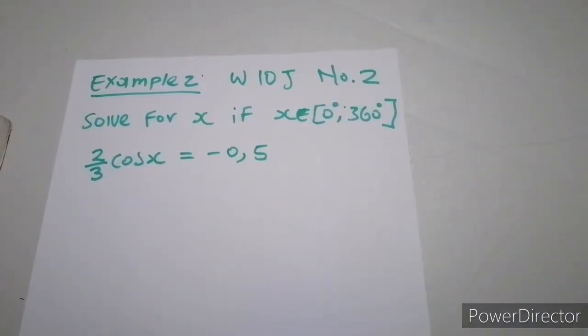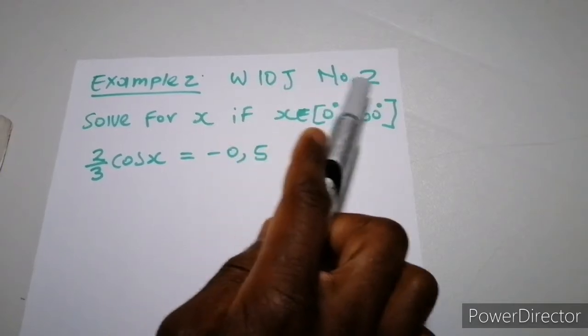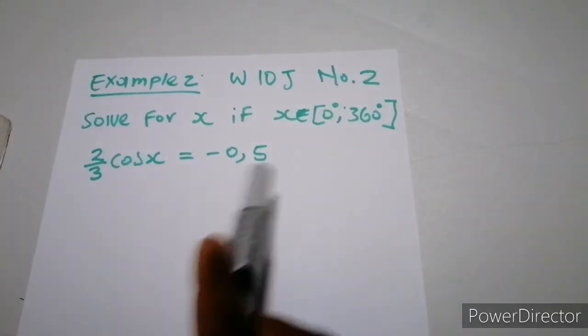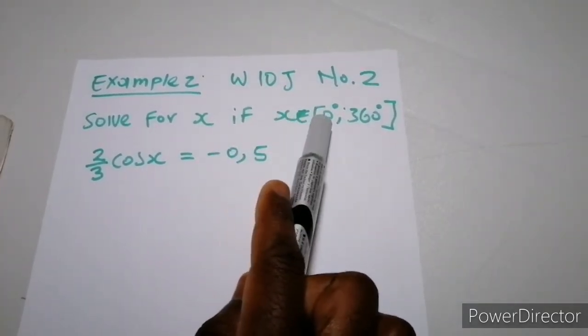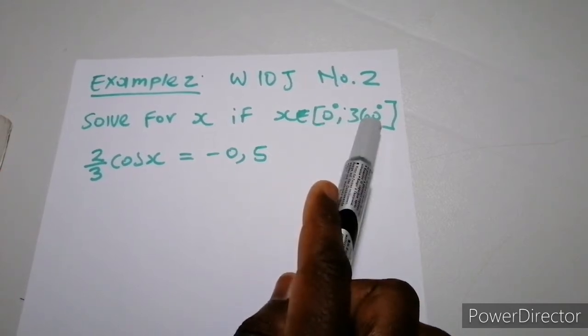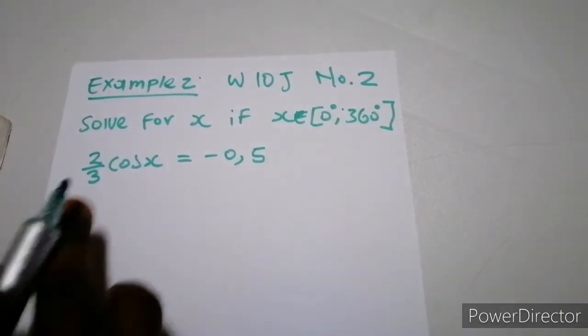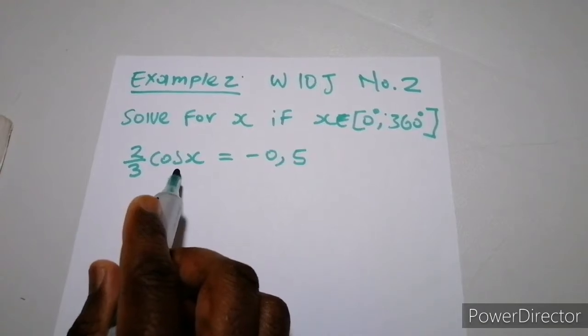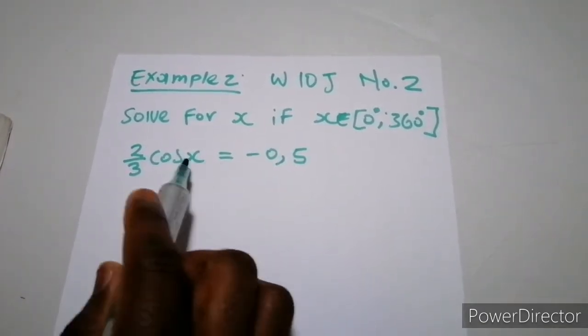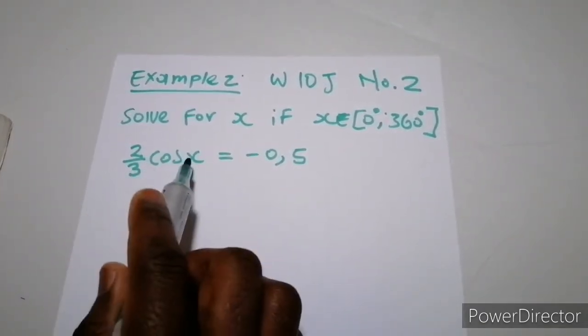The second example is from worksheet 10J number 2. Solve for x if x is an element of 0 degrees up to 360. Right, here's the question. What we're going to do is to rearrange, applying inverse operations until we remain with the function of an angle.